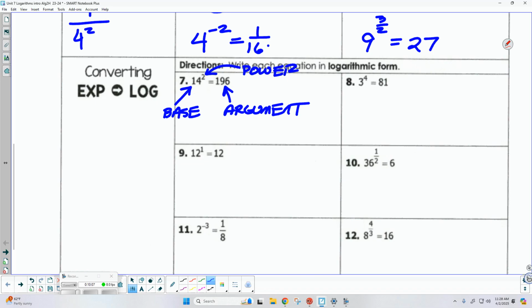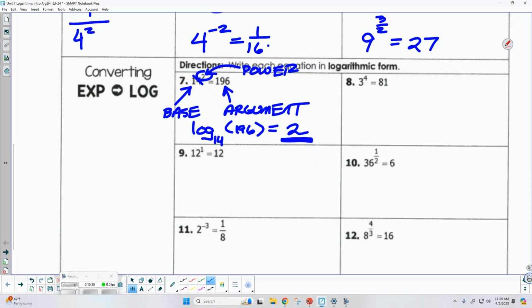Once you already have the terms identified, saying log base something, you already know what the base is. So I'm going to go ahead and write the word log. Base what? Base 14. So that takes care of the 14, of what? Of 196 equals 2. Now remember, no matter what, every single time you write a log expression, it must equal the power.